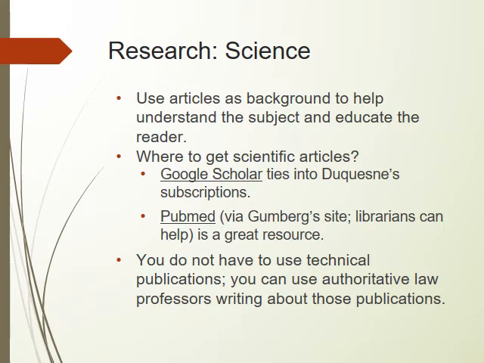A great example is if you want to talk about fMRI-based lie detection, I'd suggest looking at Professor Moriarty's legal literature. She wrote about it and writes about it still a lot. You can cite her, for example, for the technical propositions about fMRI-based lie detection if you want to write your second paper about that. That's the kind of thing I mean, and I'll expand upon any of this when we get to it in class.